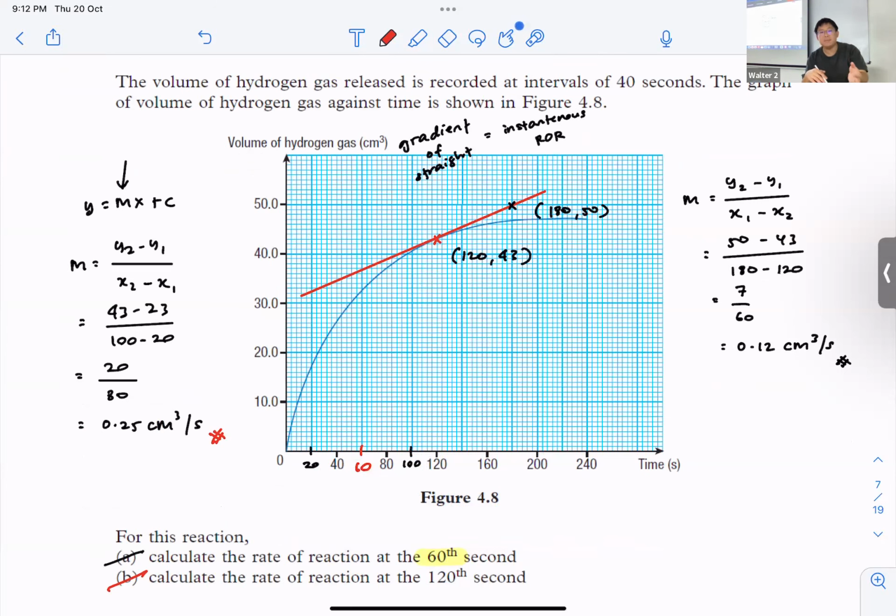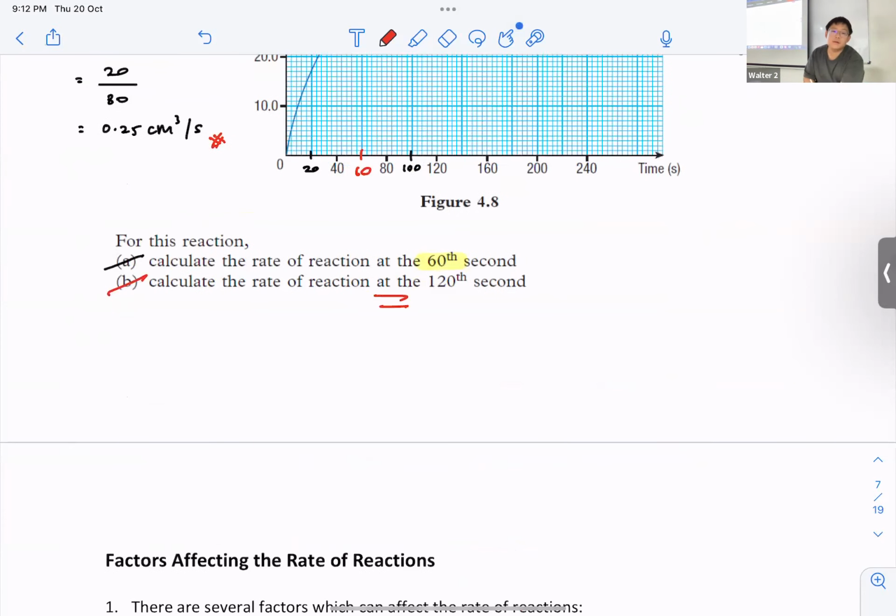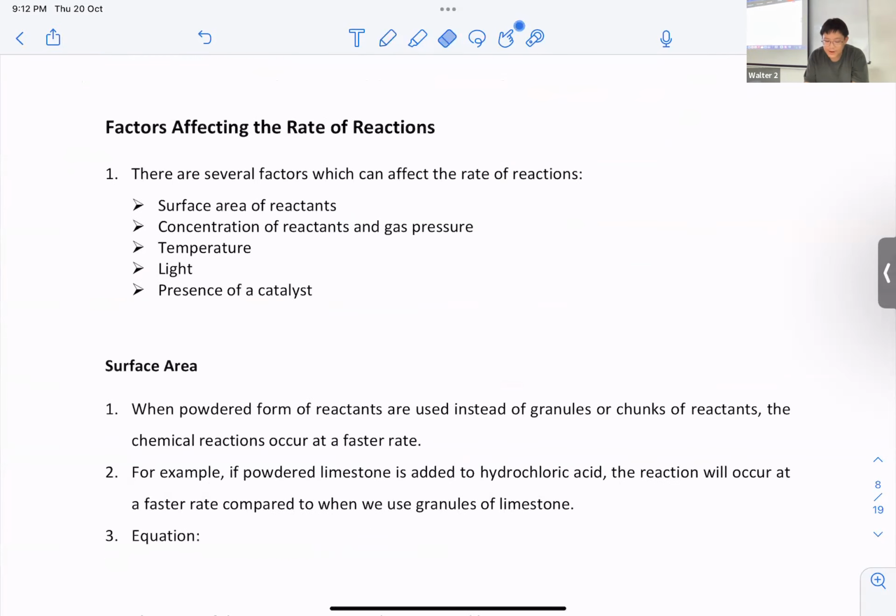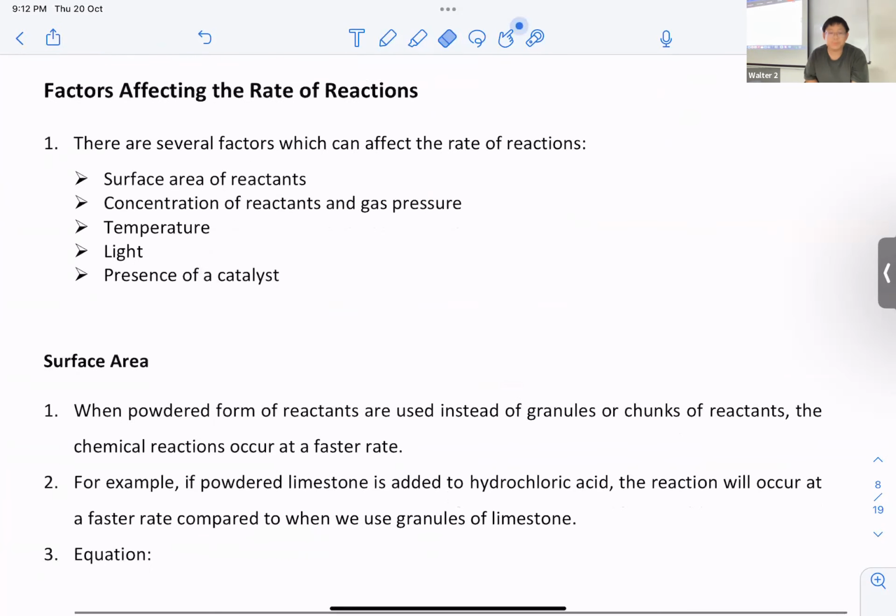Like I said just now, for example, at the 60th second, at the 120th second, the key term is at the. At the 120th second, at the 60th second, at the 30th second, and so on. All right. Now let's move on to the next one, which is called the factors affecting rate of reaction.